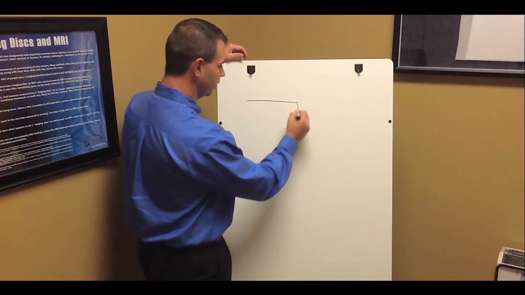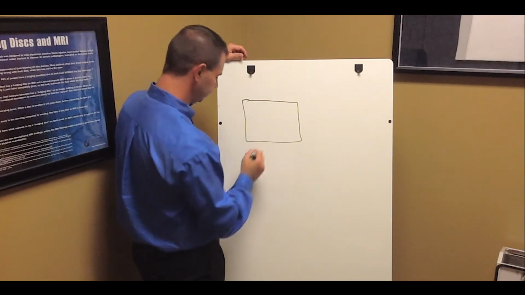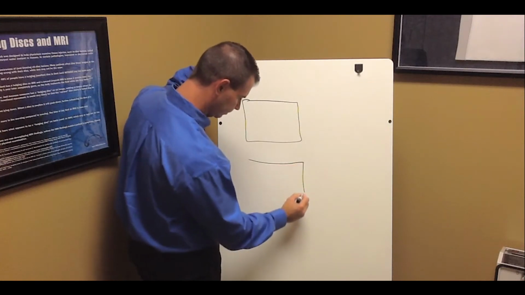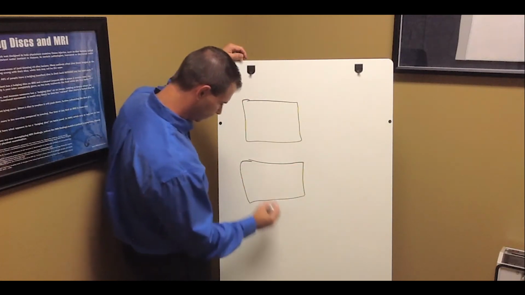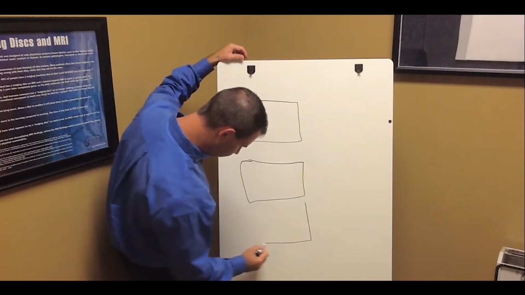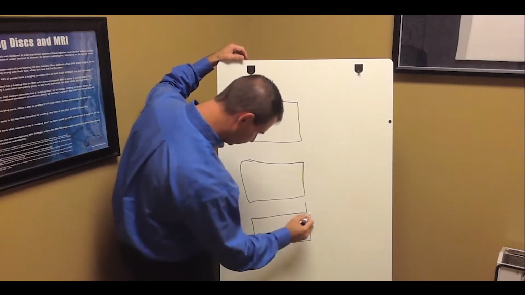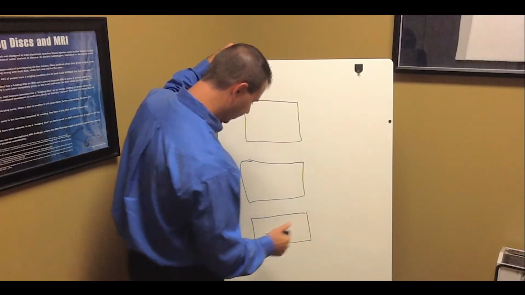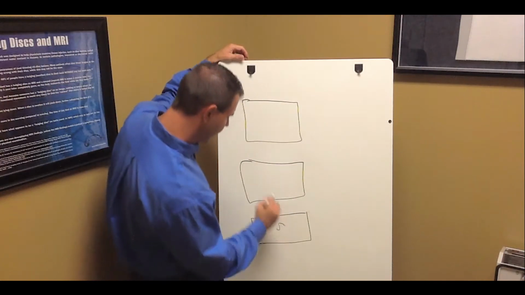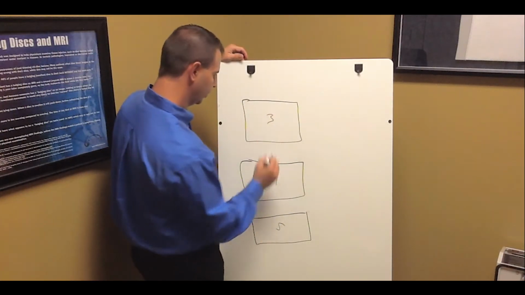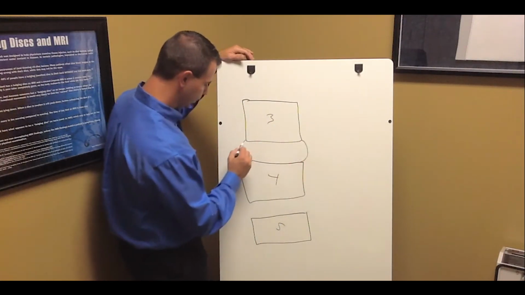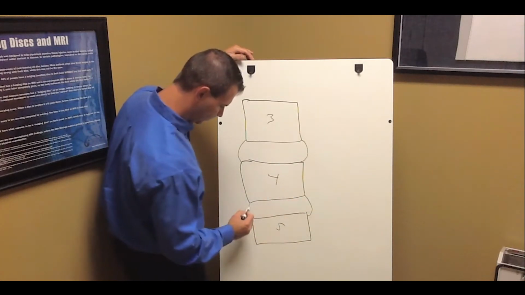So again, these are the vertebrae. So 5, 4, 3. In between each vertebrae are the discs.